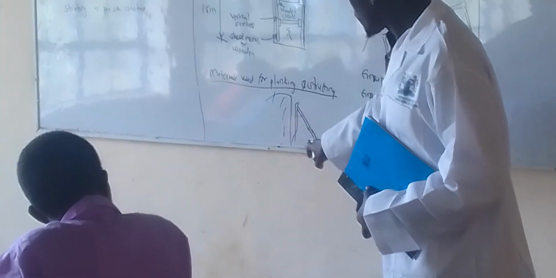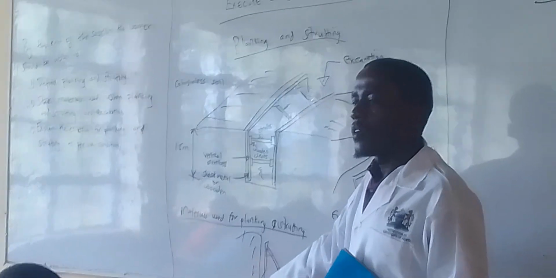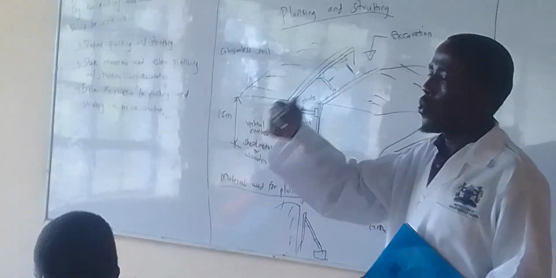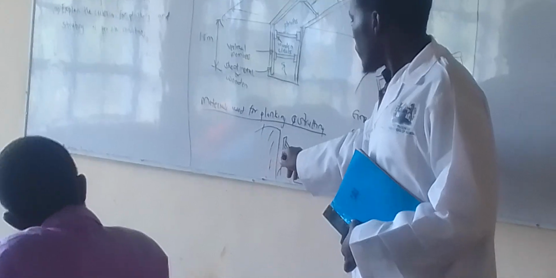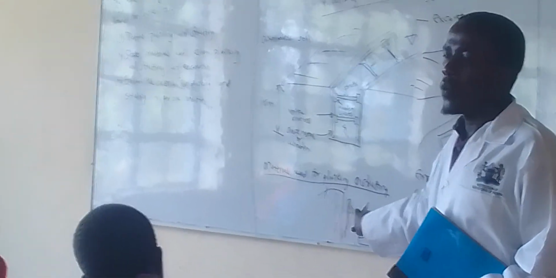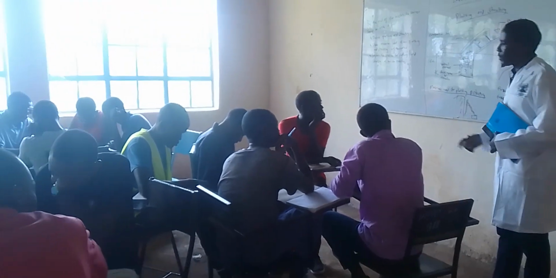Sometimes we can support soil in this way, especially when it comes to retaining walls, the walls which we construct to retain or hold a given volume of soil. You can still use this timbering and strutting for retaining walls. So you can have them expressed this way or this way.